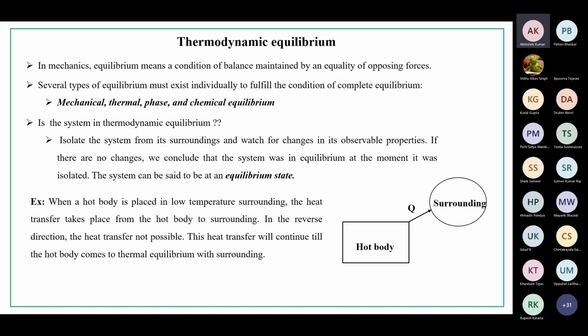That means when net forces in all directions become zero, the sum in the x direction is zero, the sum in the y direction is zero, the sum in the z direction is zero, then the component is not moving in any direction. That is the equilibrium state we have defined over there.